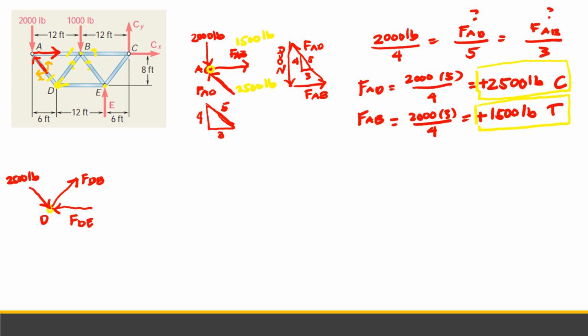Okay, so again, we can use the force triangle since tatlo lang yung force natin. So we have here force DE, and then force, this is 2,500, and then force DB. So previously yung slope ng AD is 4, 3, and 5.